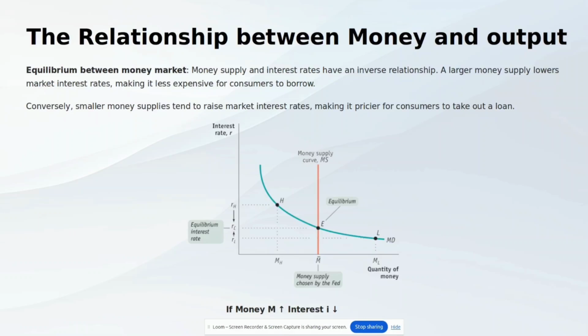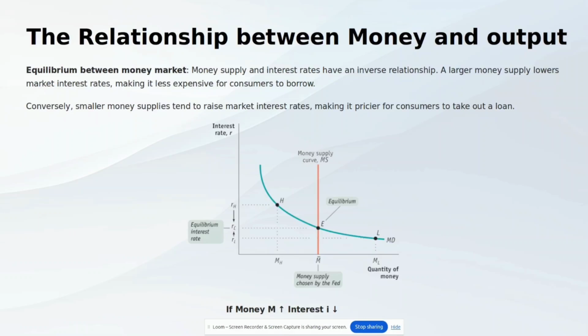Here, there is a beautiful graph showing the relationship between money and output. On the x-axis there is the quantity of money, and on the y-axis there is the interest rate, and the graph shows the relationship between money and output. If money increases, interest decreases, and if the interest rate increases, money decreases.